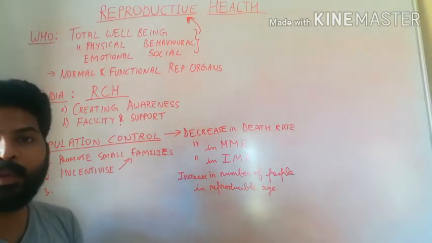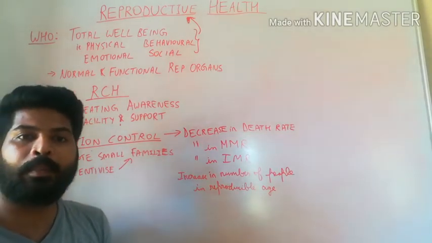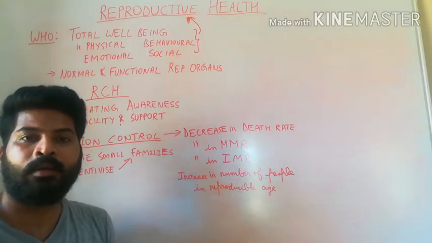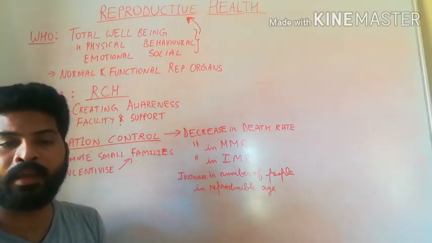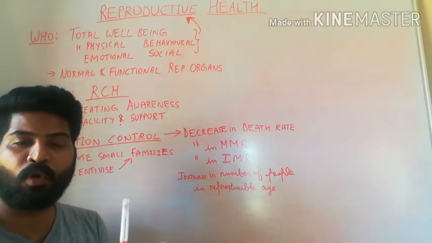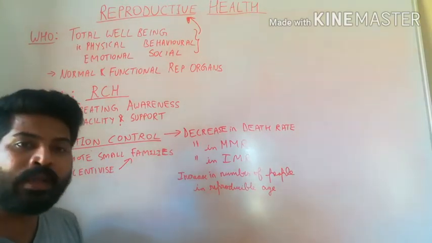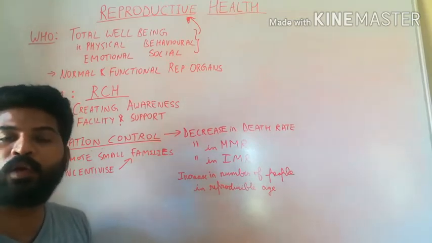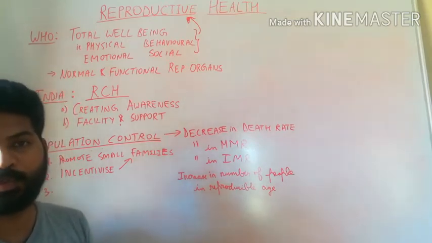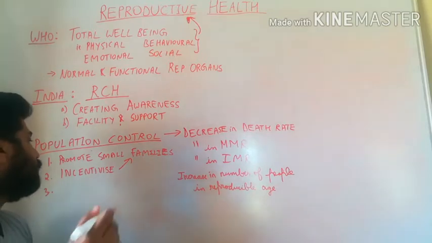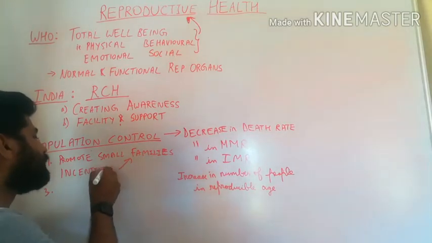That is, to create awareness among couples and people who are about to get married about the advantages of a small family. That is number 1. And number 2, to incentivize those families which have either 1 or 2 children. So to provide additional medical facilities, incentives, etc.